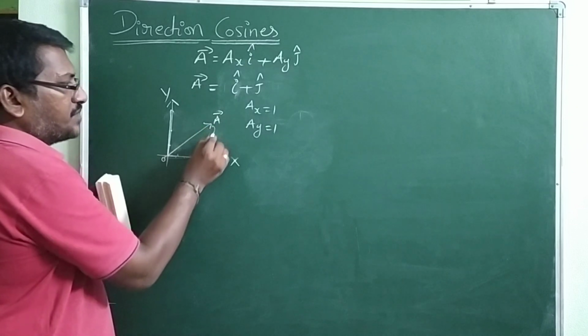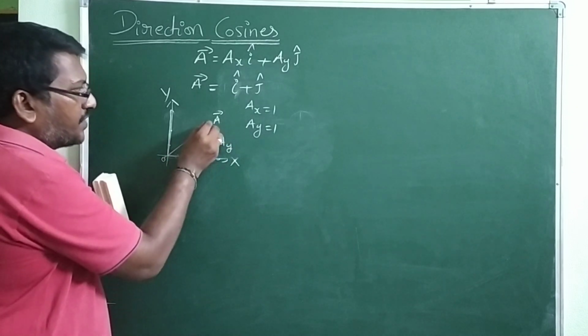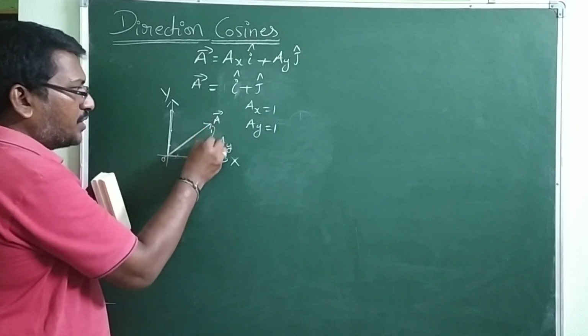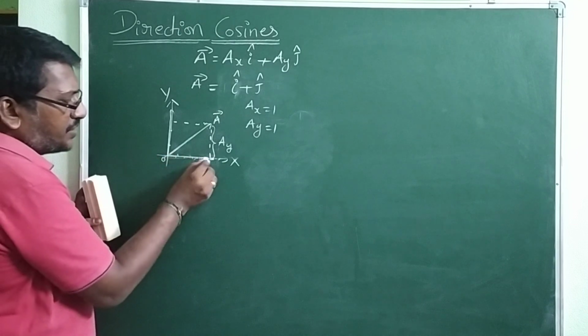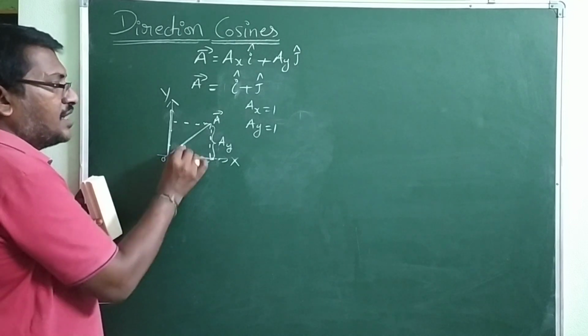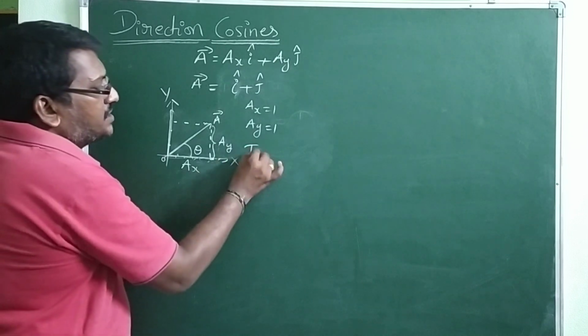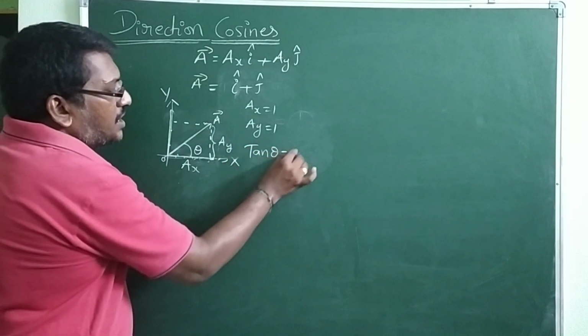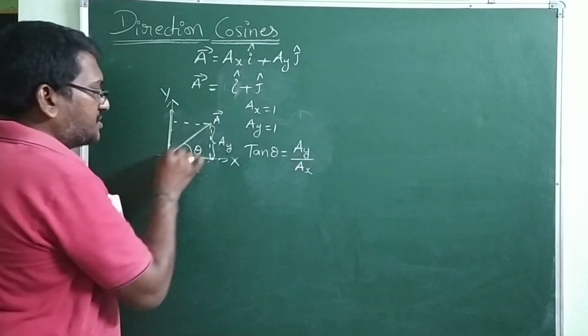From here to here it becomes the y component. From here to here is the rectangular component, the value is ax. I am taking the angle theta. Tan theta is equal to opposite side by adjacent side from this triangle.